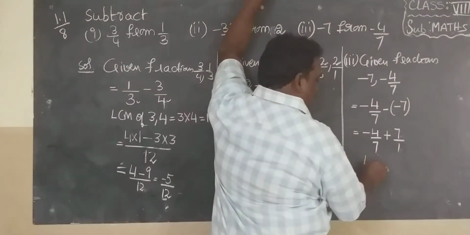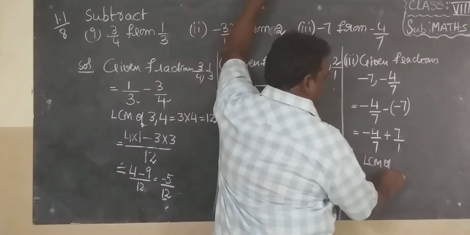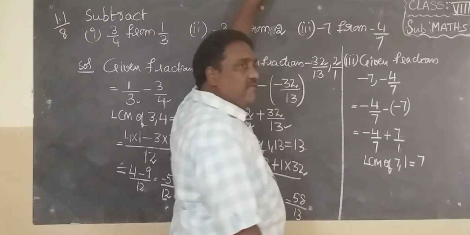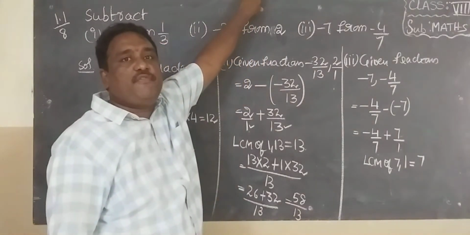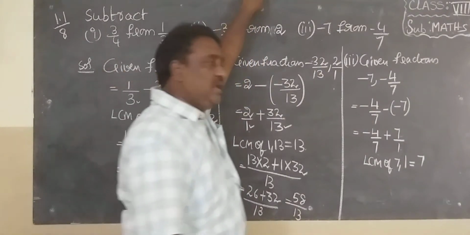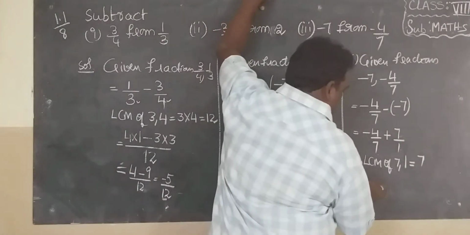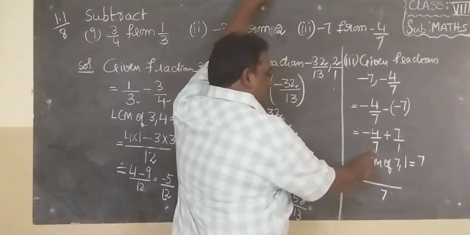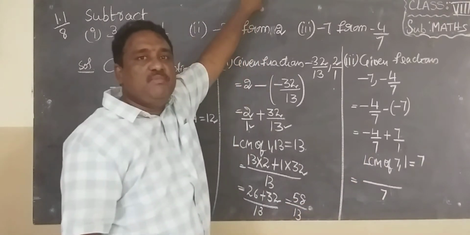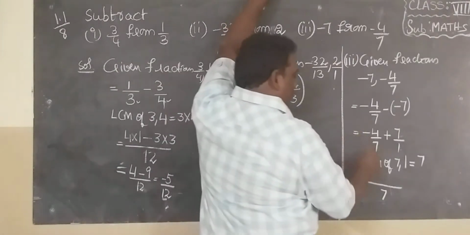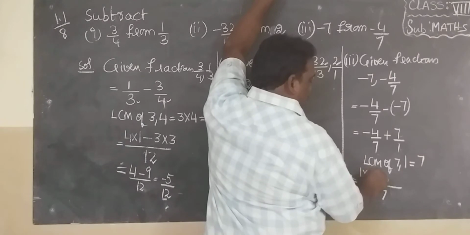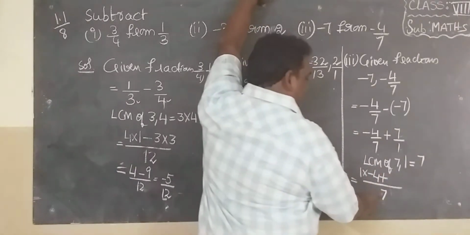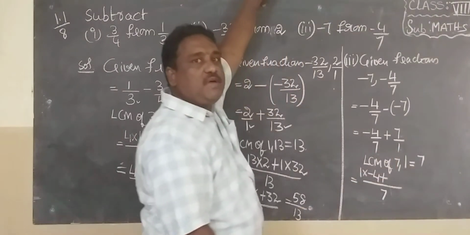Then again what to do? LCM. LCM of 7 comma 1 equals 7. What is the LCM of 7 comma 1? Equal to 7. So let us write 7 as LCM. 7 table, how many times? 1 time. What is the numerator? Minus 4. 1 into minus 4 plus 7, 1 table, 7 times.